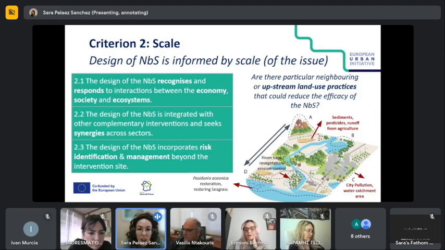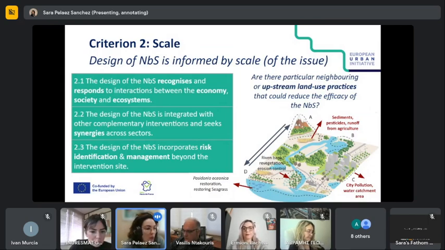So you need to think, are there particular neighboring or upstream land use practices that could reduce the efficacy of this NbS? So will something affect your intervention? You might look at the agricultural practices upstream to see if they could affect the sediment in the area of restoration.